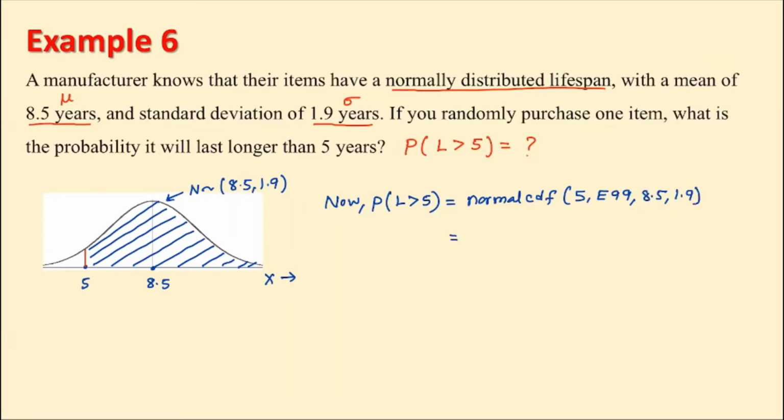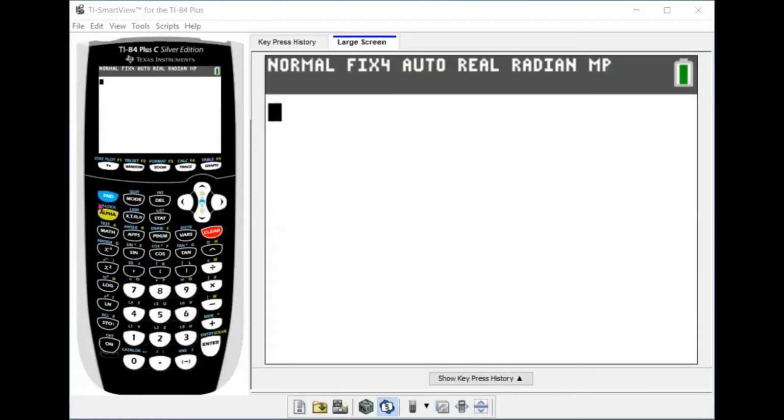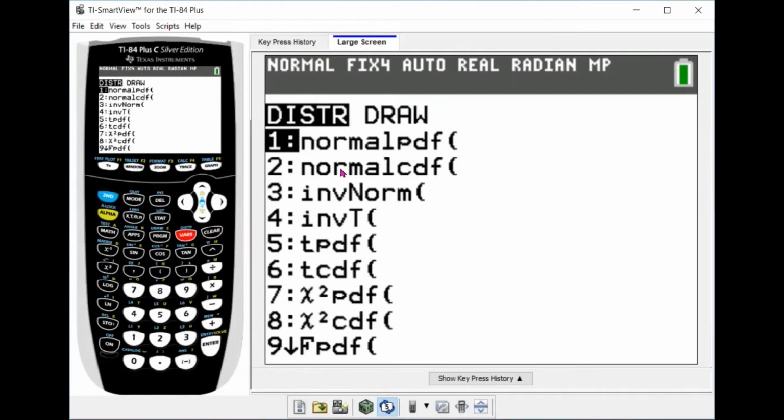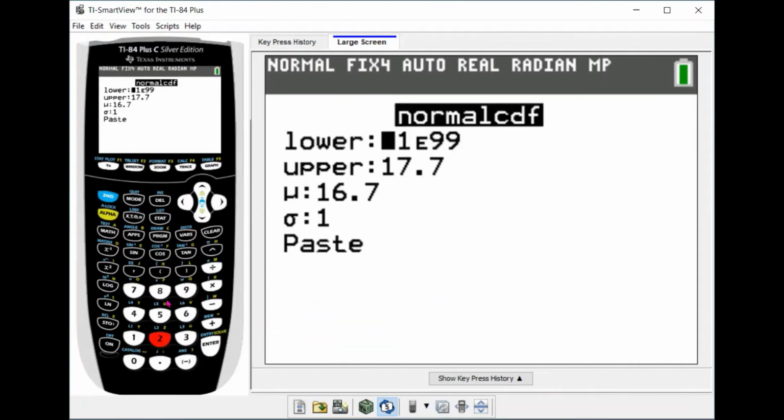In order to find the value, we type this in the TI-84 calculator. We go to second, then vars, and then number 2 for normal CDF. We start with the lower boundary, which is 5. The upper boundary is E99. E is under comma, so we press second and then comma for E, and then 9. The mean in this case is 8.5 and the standard deviation is 1.9.